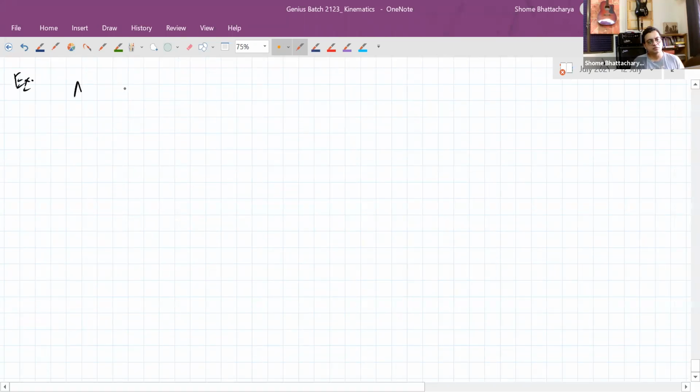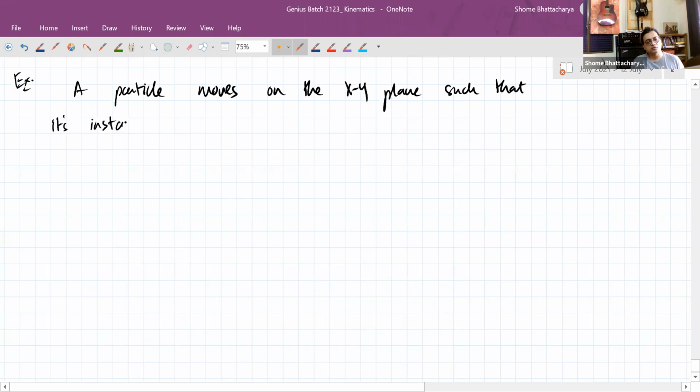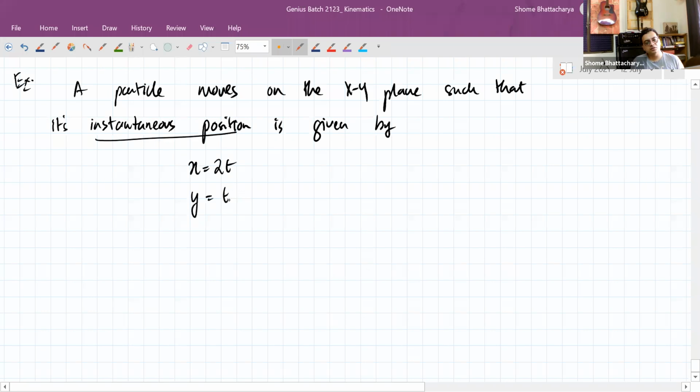Now suppose a particle moves on the xy plane such that its instantaneous position is given by the coordinates x is equal to, let's say, 2t and y is equal to t square plus 2 at time t equal to t, where x and y, or basically r, are in meters and t is in seconds.